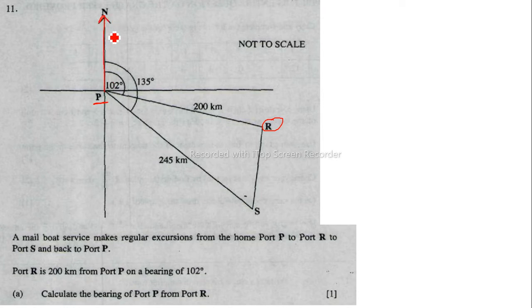Then we go from this north and we go clockwise until we reach the side of R, and that's 102 degrees.